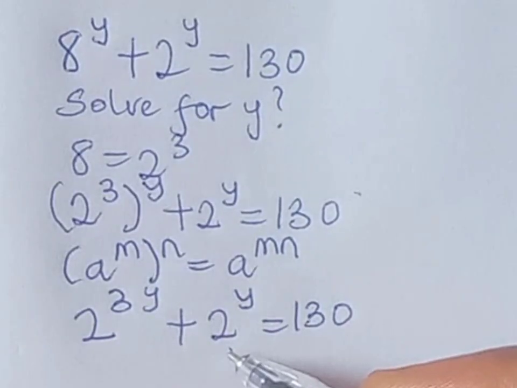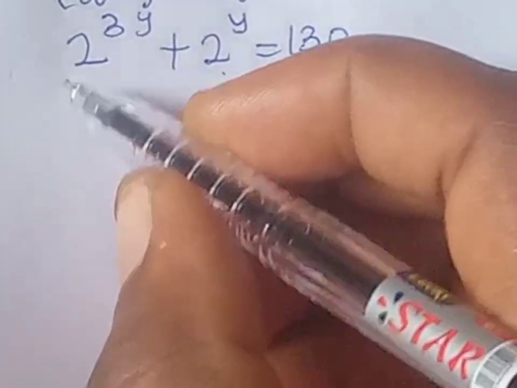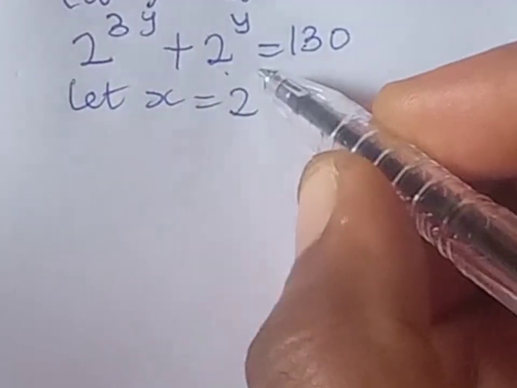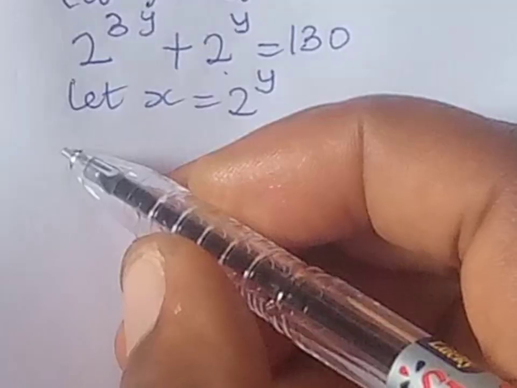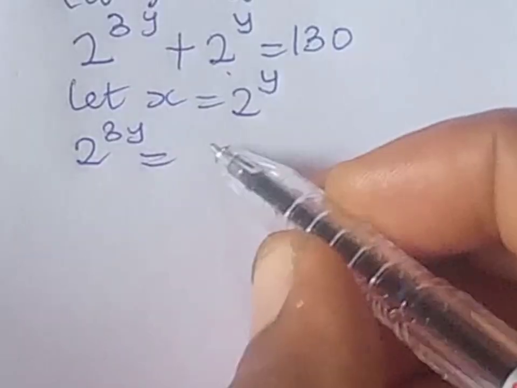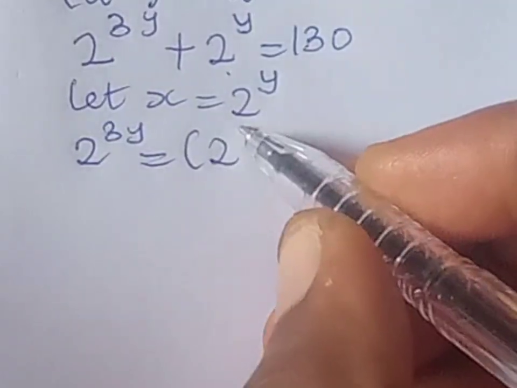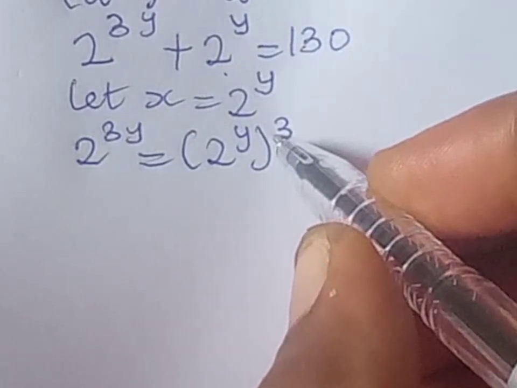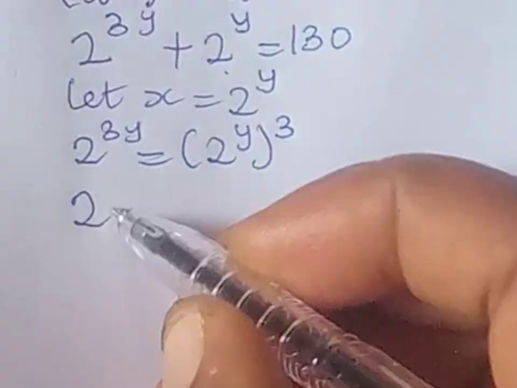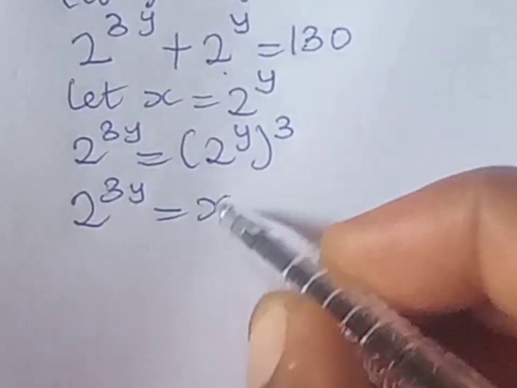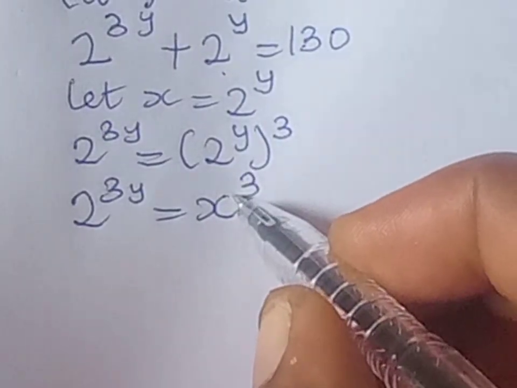To make it simpler, let x be 2 raised to the power of y. Since 2 raised to the power of 3y equals (2 raised to the power of y) to the power of 3, we have 2 raised to the power of 3y equals x raised to the power of 3.